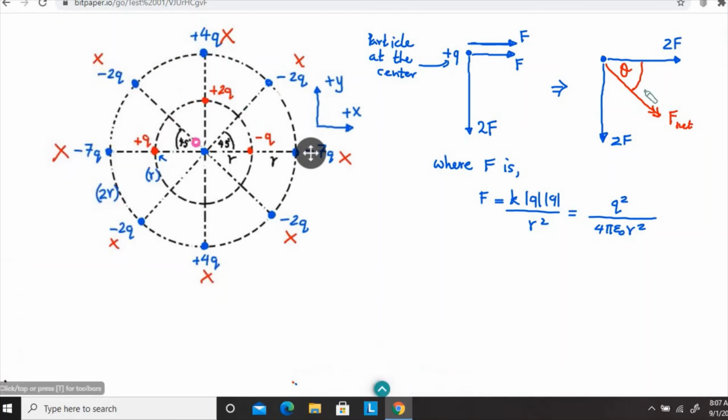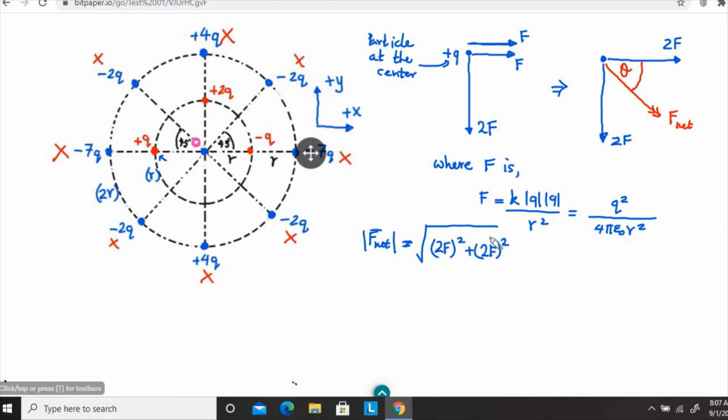So the magnitude of the net force, F net, is given by, you can see these two forces are perpendicular to one another. So I am simply applying the Pythagorean theorem here. I can write 2F squared plus 2F squared.